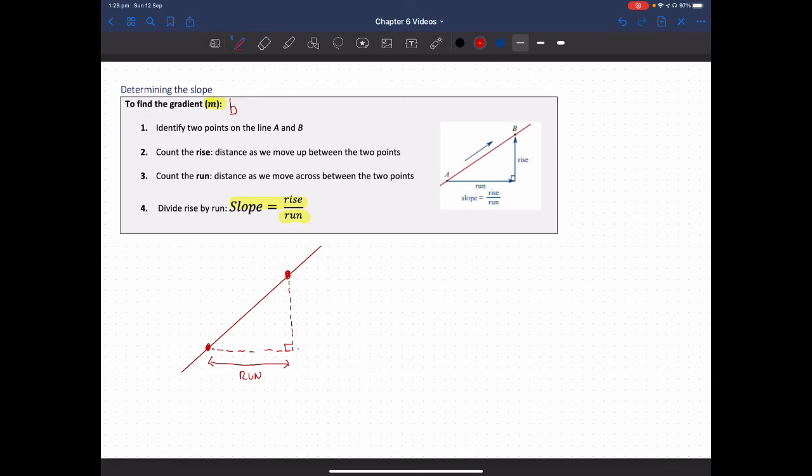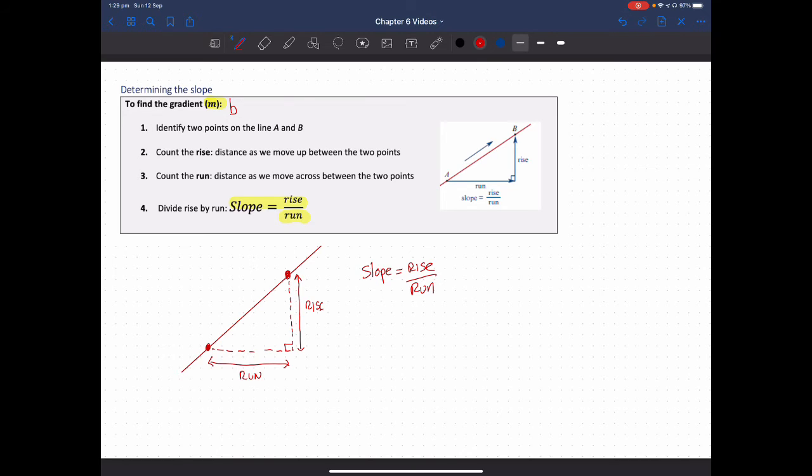The vertical distance between the 2 points we call the rise. So the slope is going to be rise over run. So we have to work out the length of the run and the length of the rise.